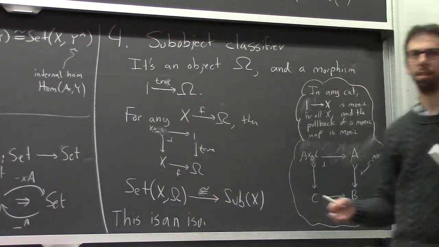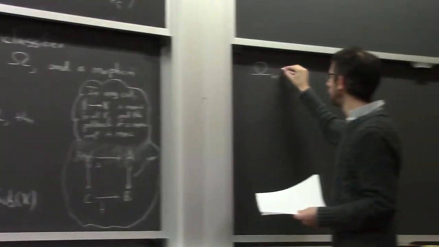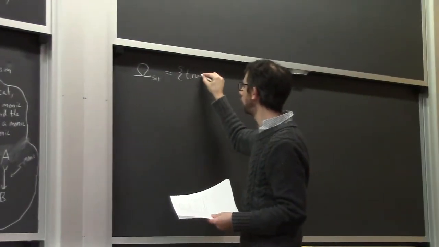So what is that special thing? It might not seem that exciting once you see it, because sets is not that exciting as a topos. But it is a topos, so we're going to get one. Does anyone know the answer? Okay, the answer is that the subobject classifier for sets is true-false.